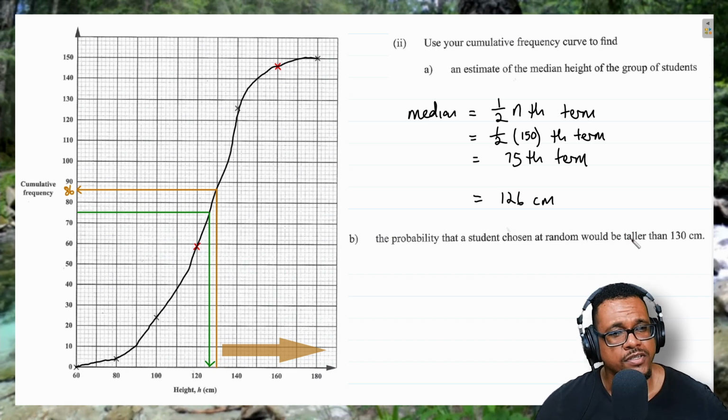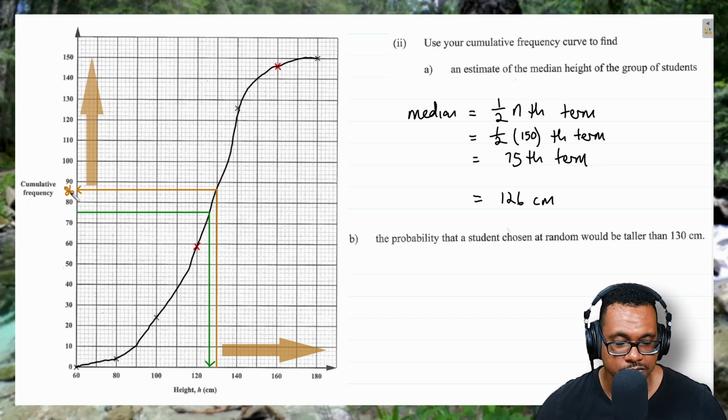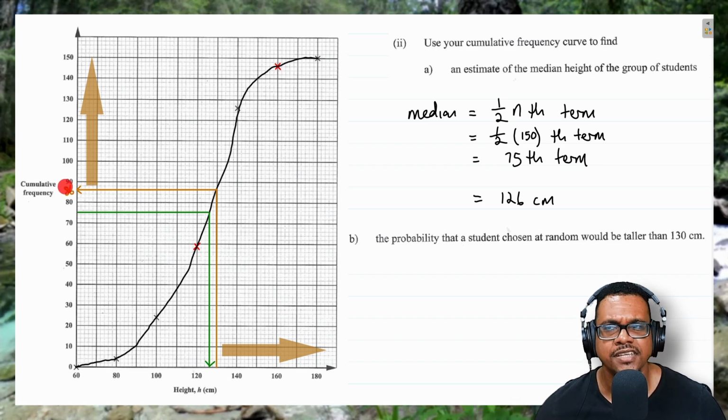Now remember, we want taller than 130 centimeters. Therefore, the 87th student would be taller than 130 centimeters. Remember, you can't have a fraction of a student, so from 86, the next step above is 87. So from the 87th student to the 150th student would be taller than 130 centimeters.